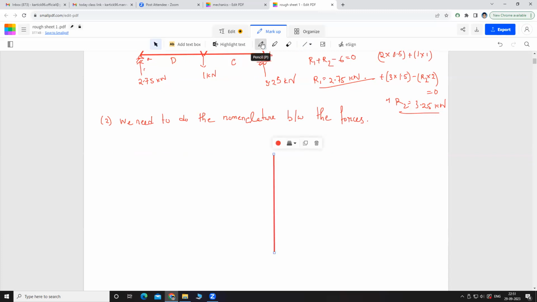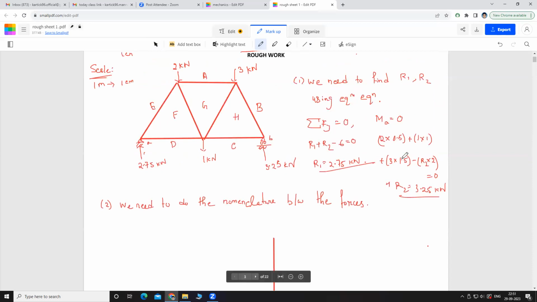Now, first of all, we will check for the outside points. So suppose this is our point A. Now from point A to B, here we have 3 kilonewton force downward.